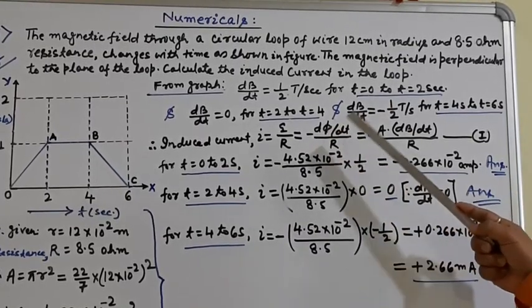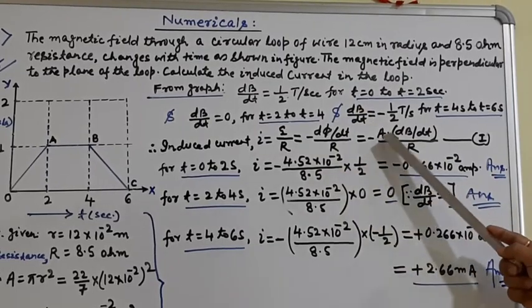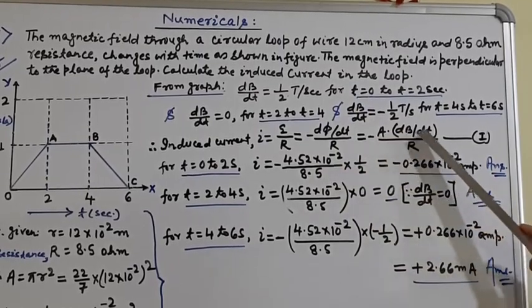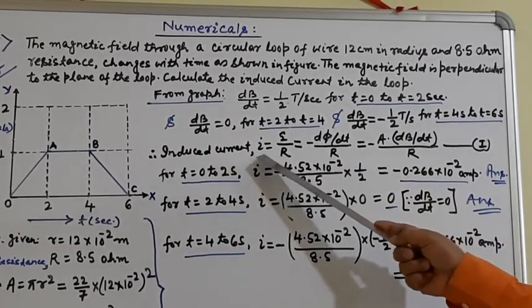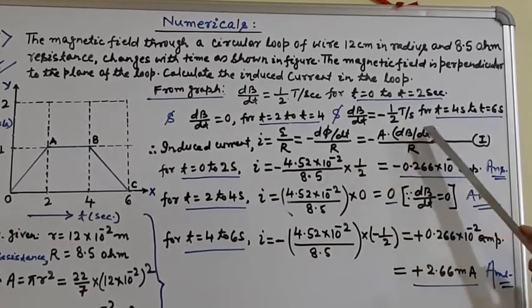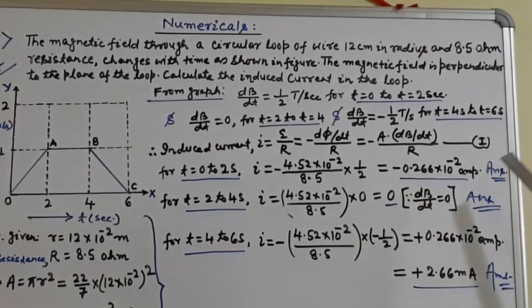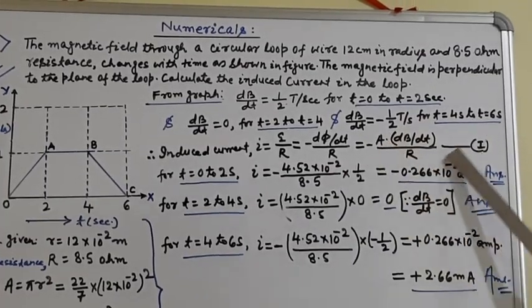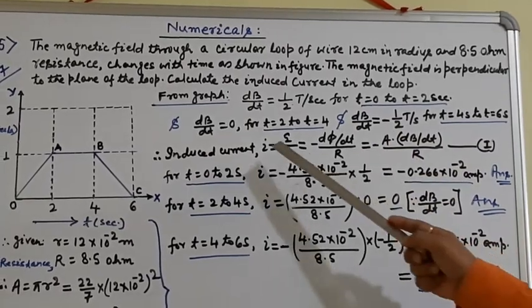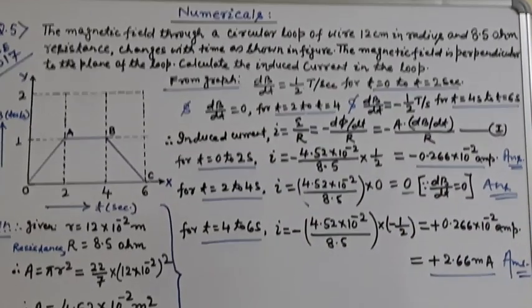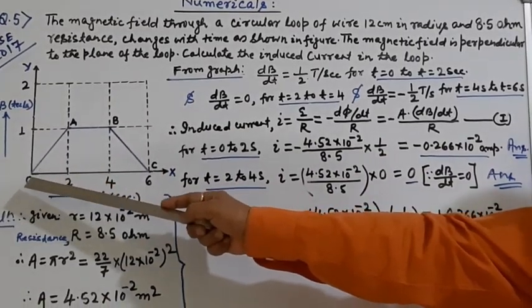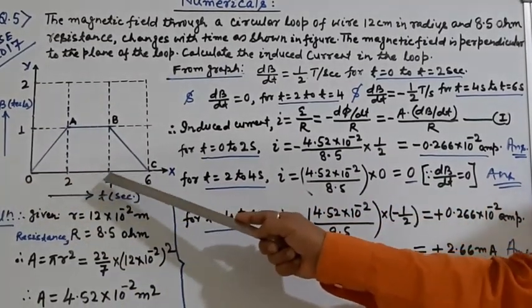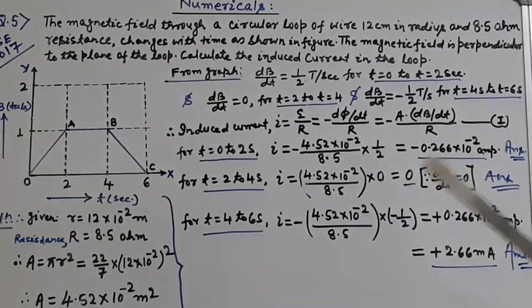The area is constant, so take it out. So it becomes dB by dt, and R is as it is. So induced current is equal to minus A dB by dt by R. In this equation number 1, which we have derived for the induced current I, we'll put the values of dB by dt from time 0 to 2 seconds, 2 to 4 seconds, 4 to 6 seconds. We will get the results one by one.